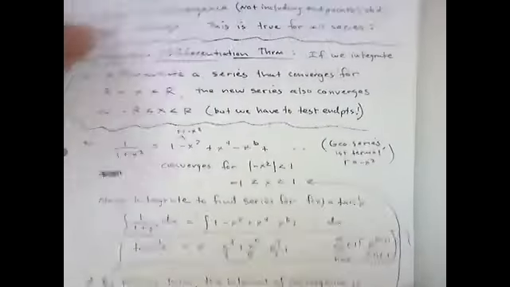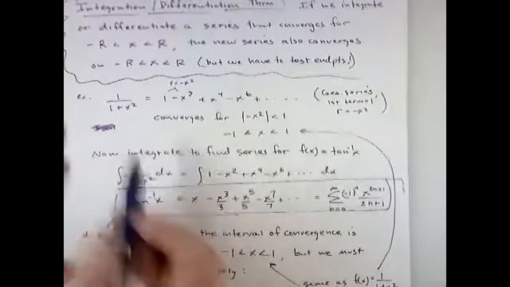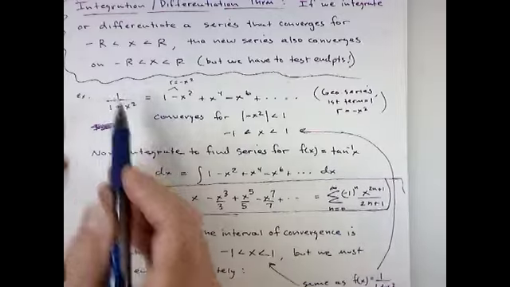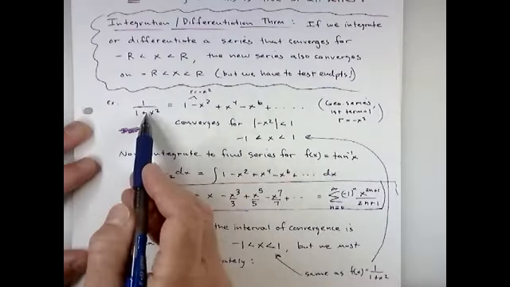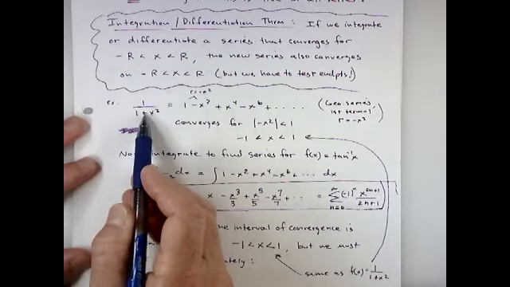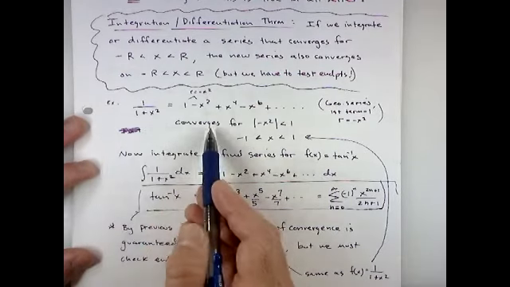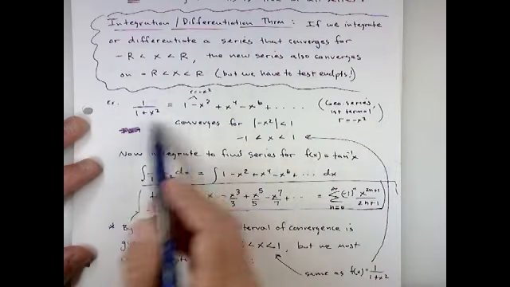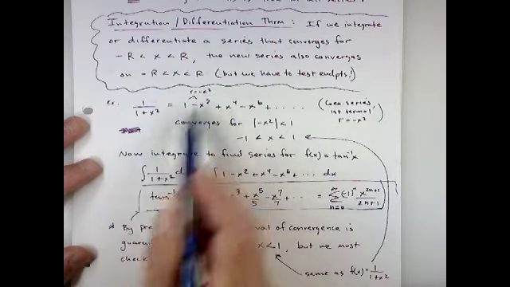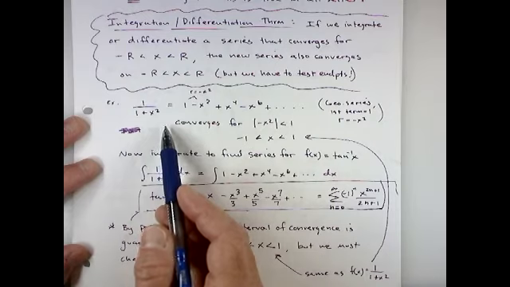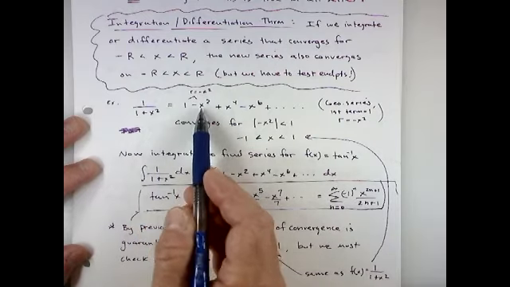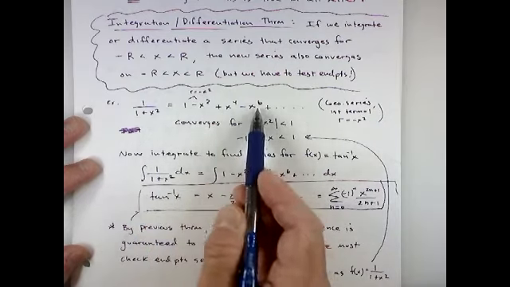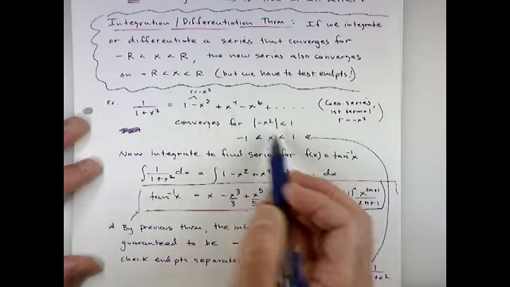Okay, so for example, let's do another one. 1 over 1 plus x squared, I can find a power series for that function by once again thinking about a geometric series with a first term of 1 and an r value of -x squared. And that would give me 1 minus x squared plus x to the 4th minus x to the 6th, and so forth.